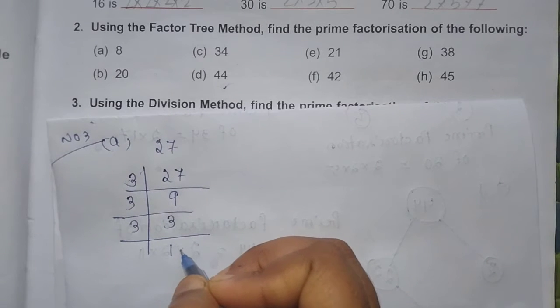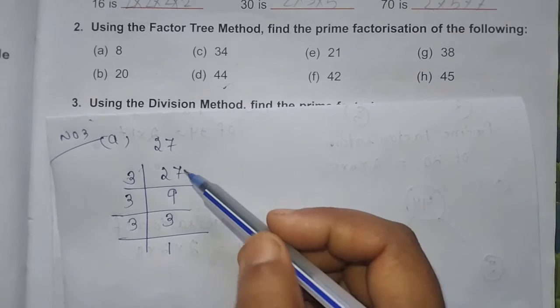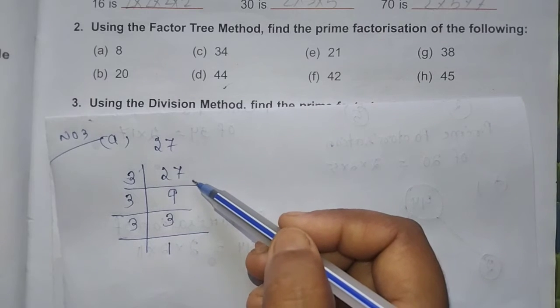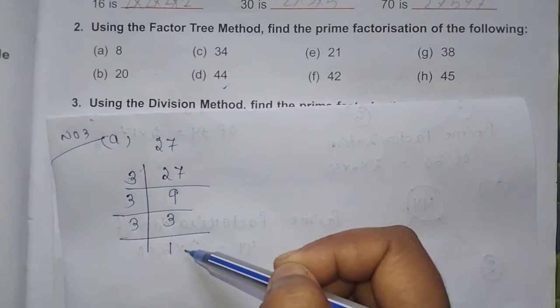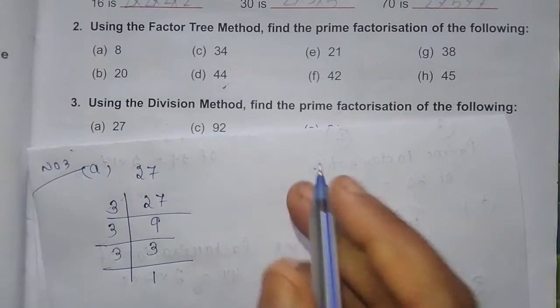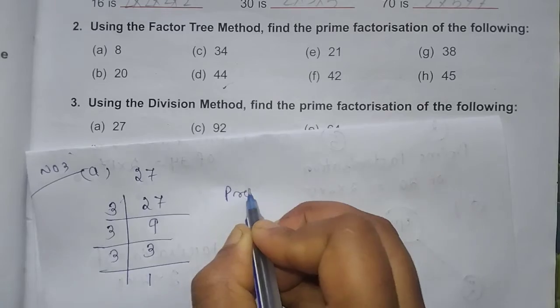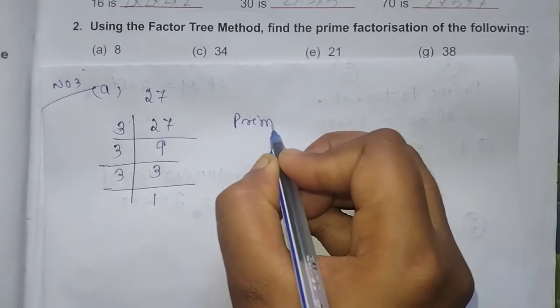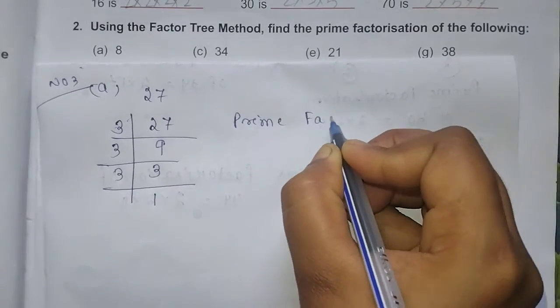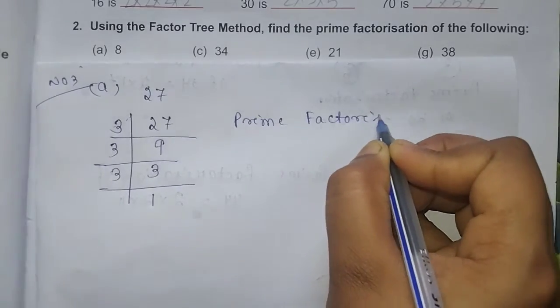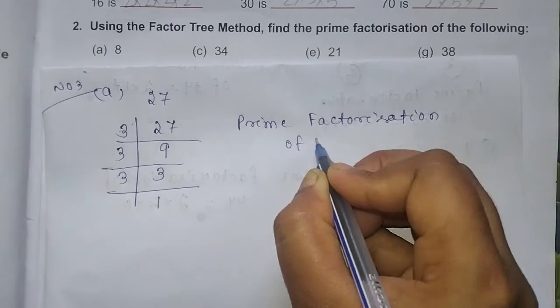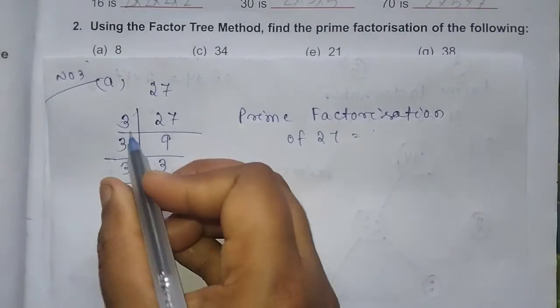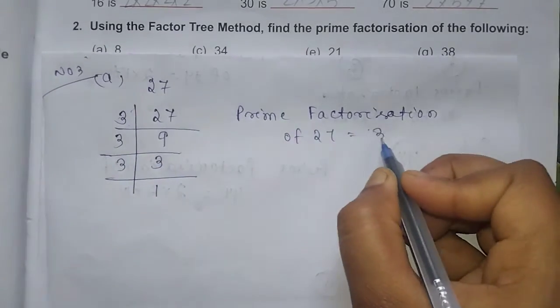Stop when you get 1, because we start dividing by the smallest possible prime number and keep on doing the same till we get 1. So prime factorization of 27 equals 3 into 3 into 3.